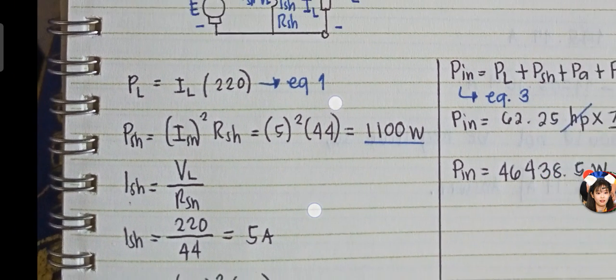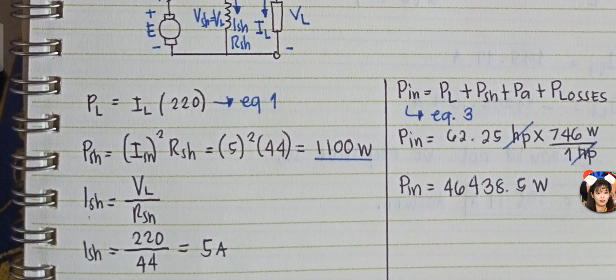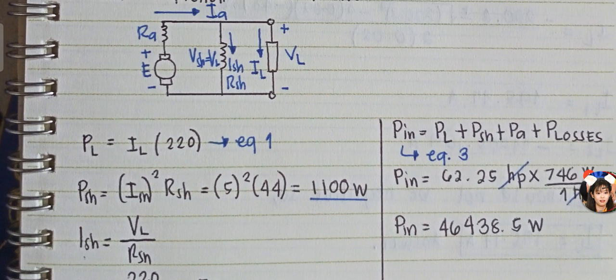VL is the same as the V shunt, since the voltage that drops on the load mirrors the voltage that drops on the shunt.